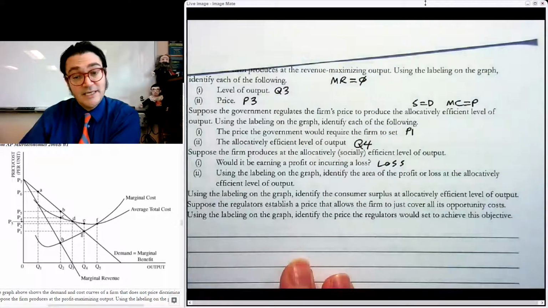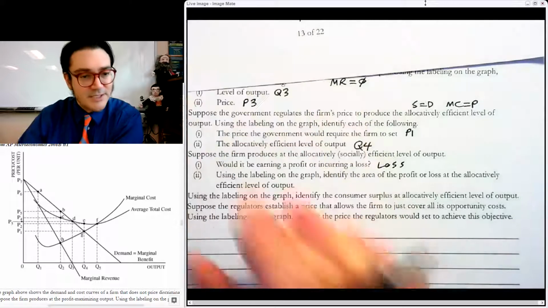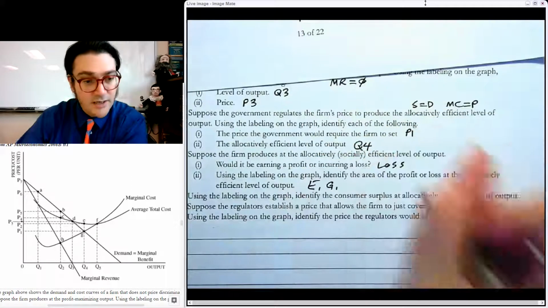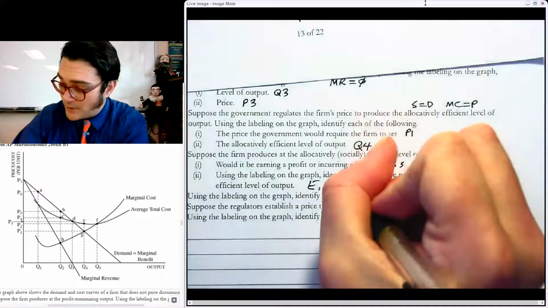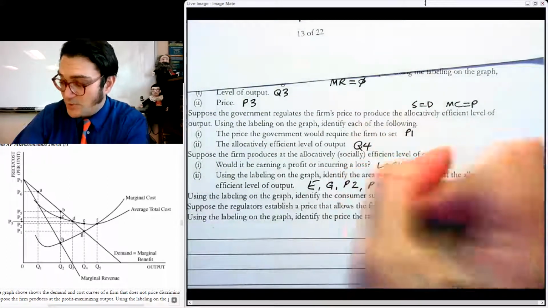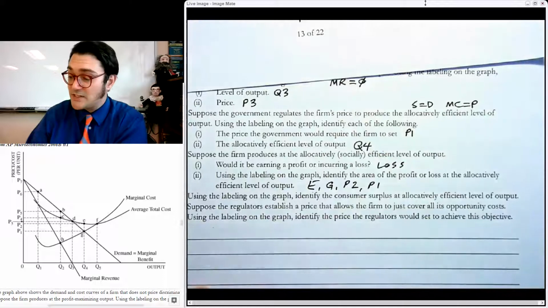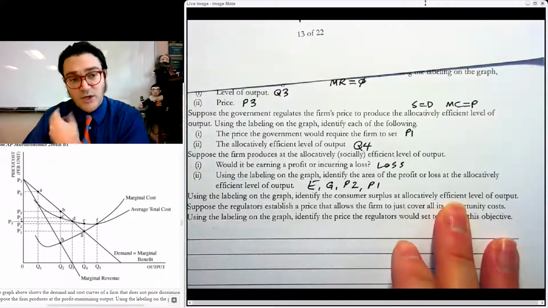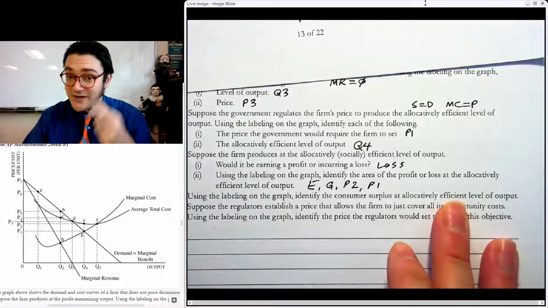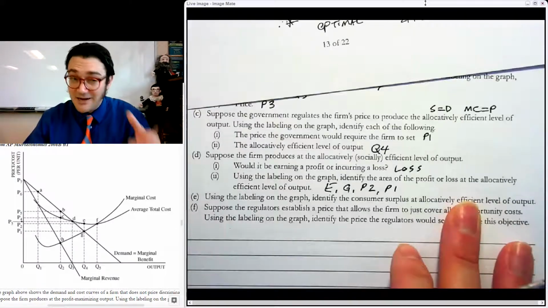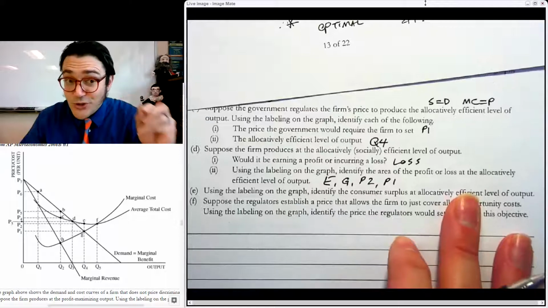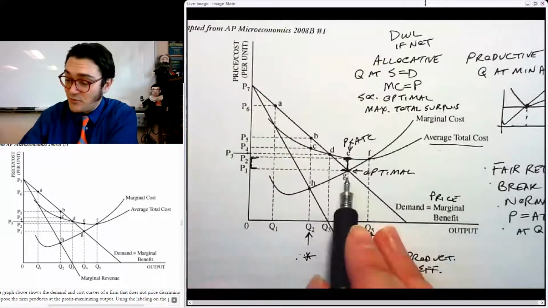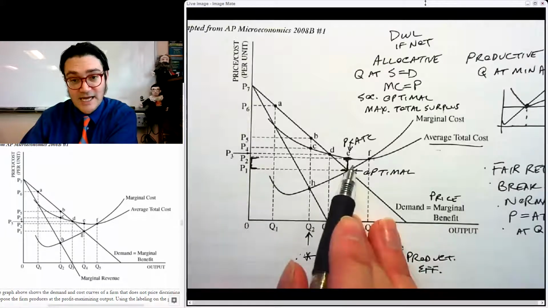And using the labeling, identify the area of loss. Oh, well, that's just exactly what we just did. So that would be E, G, P2, and P1. Using the labeling, identify the consumer surplus at the allocative efficient level of output. So all of these are dependent on you being able to identify the allocative efficient level of output. So it's obviously an important point, right? Make sure you know how to do that. Now, if we were at allocative efficient, that means we're pricing at P1 because that's the optimal point.